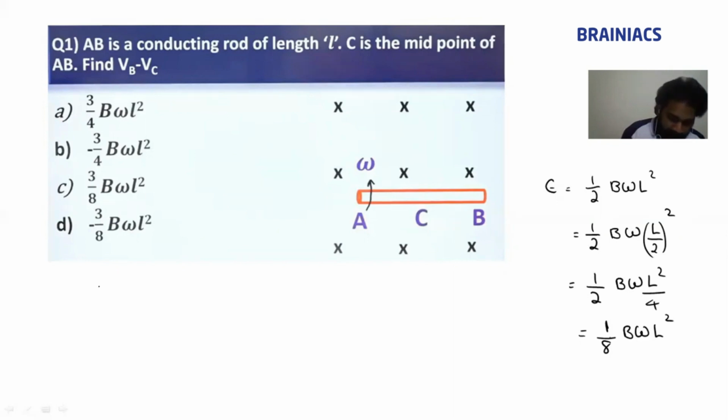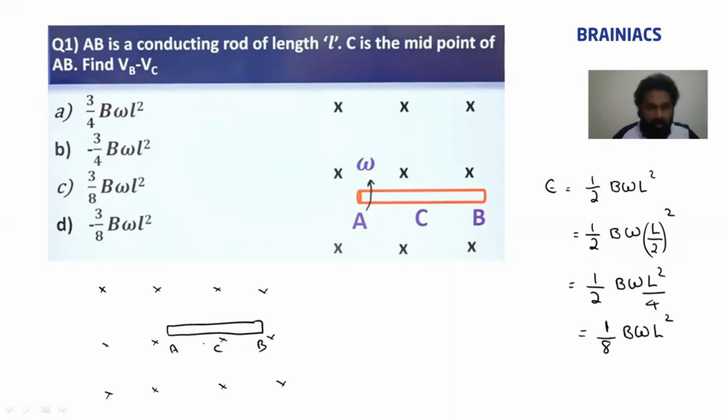Suppose here we have the magnetic field and the rod A, C, B. Now how did we derive it? Suppose this is how it is going to rotate. Let us take a small portion dx, at a length x from the pivot, or from the hinge.